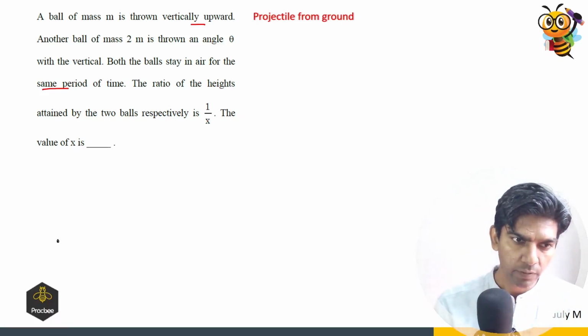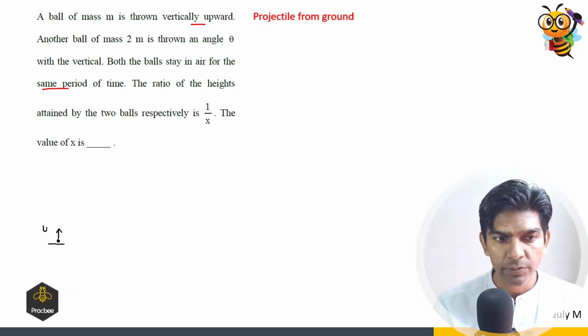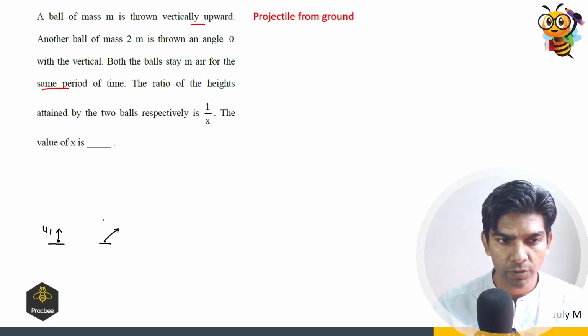So we have a ball and it is being thrown in the upward direction. Let us say it is being thrown with the speed u1, and there is another ball which is being thrown with, say, the speed u2 and the angle of projection with the horizontal is theta.